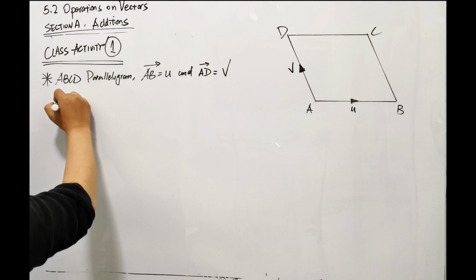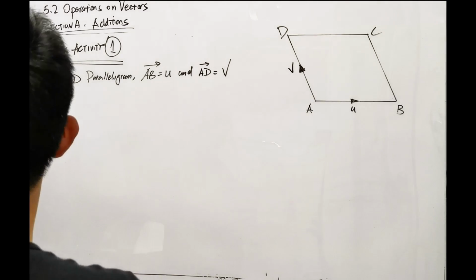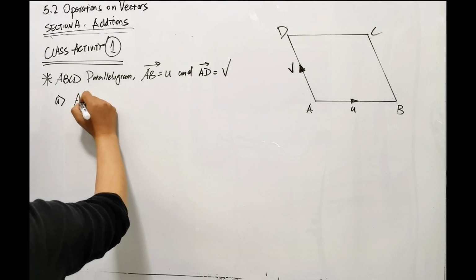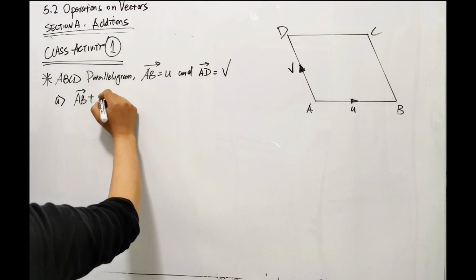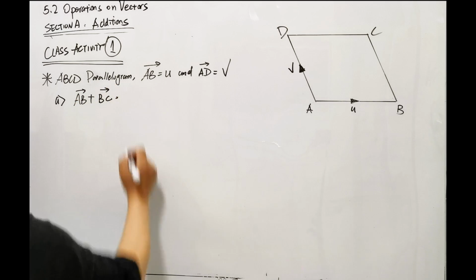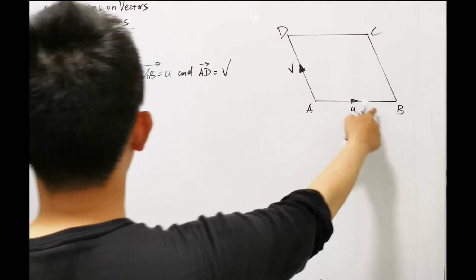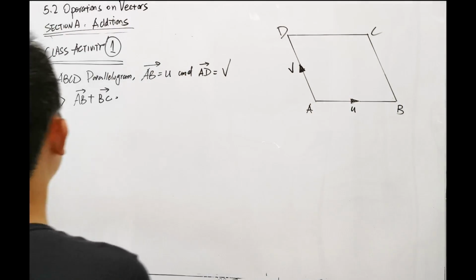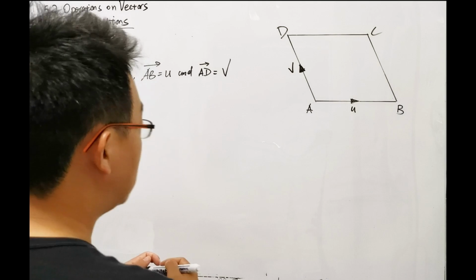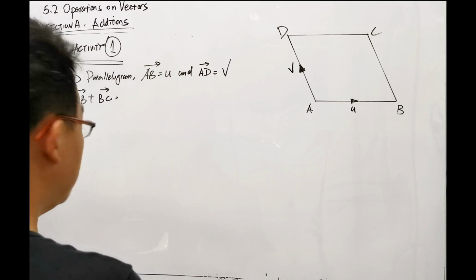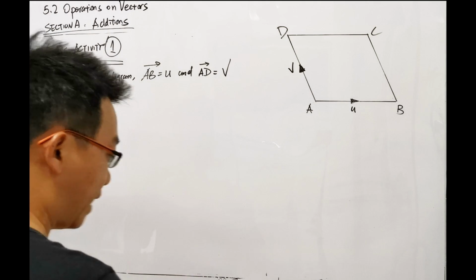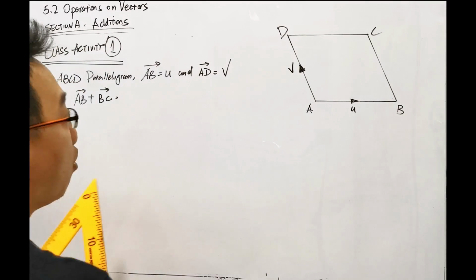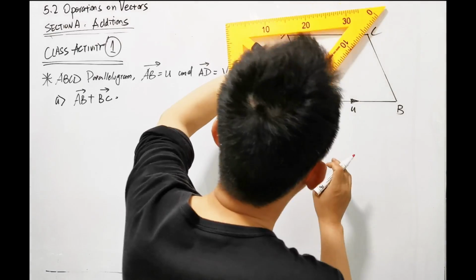The first one, number 1, part A: let's draw the sum of AB plus BC. In this case we can use the triangle law of vector addition.